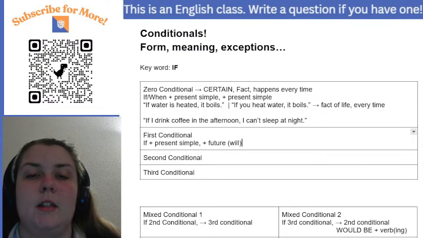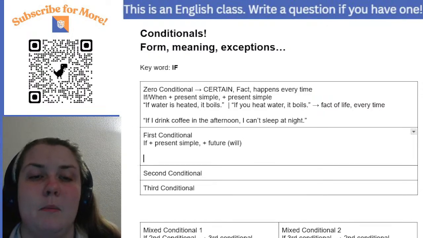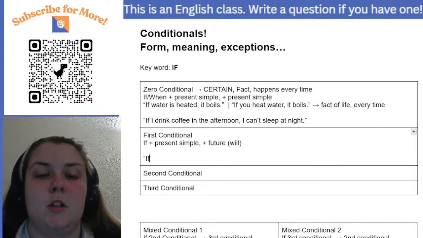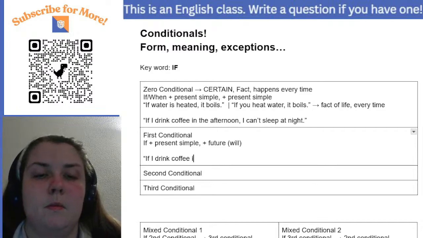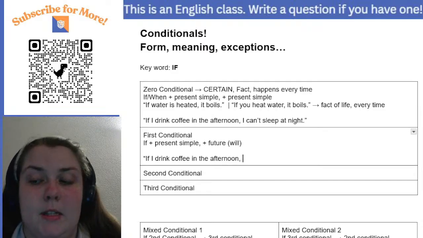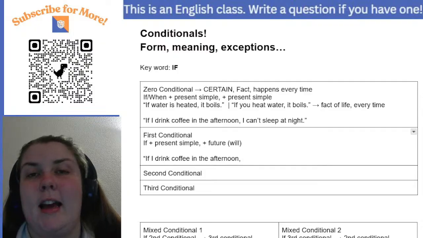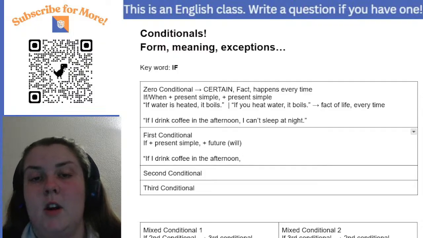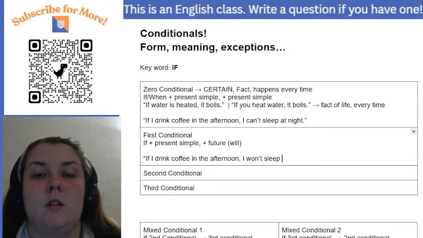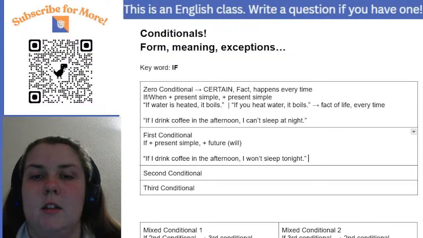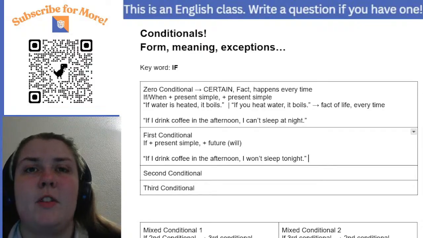So let's see if we can apply that same example to this first conditional. So we start with the same present simple as before. And then instead of saying, I can't sleep at night, we say, I won't sleep tonight. Now, ask yourself this question. Does it happen every time?